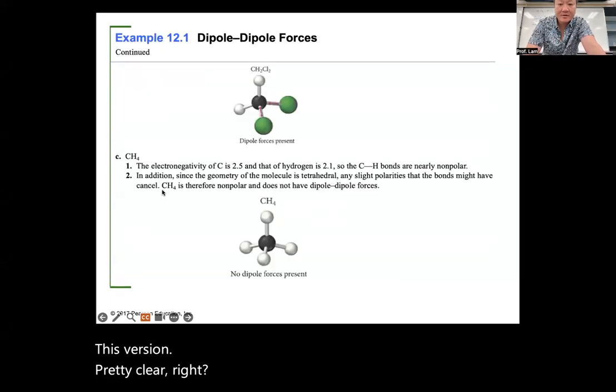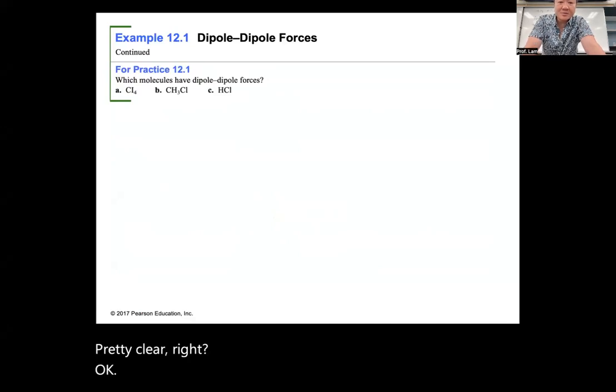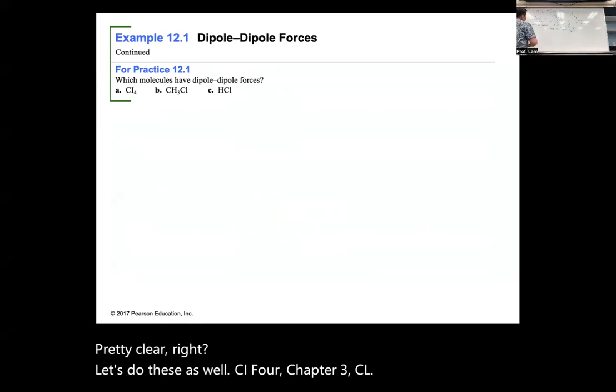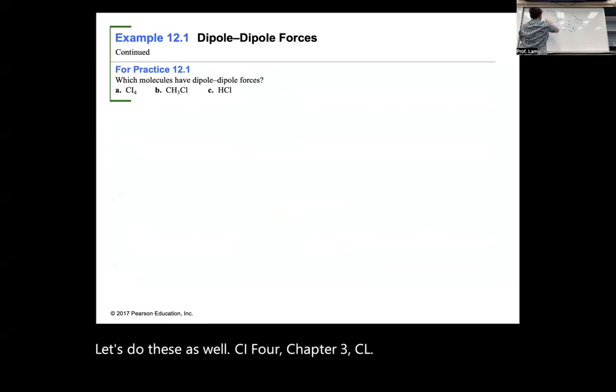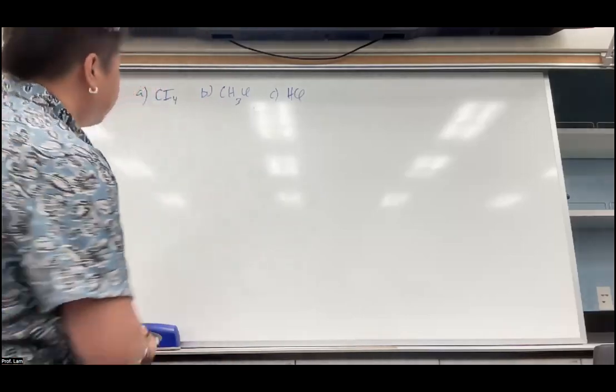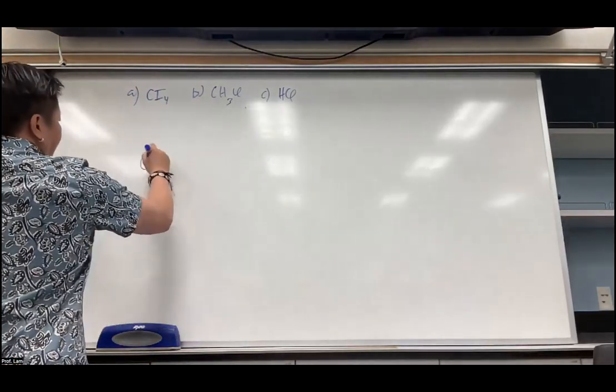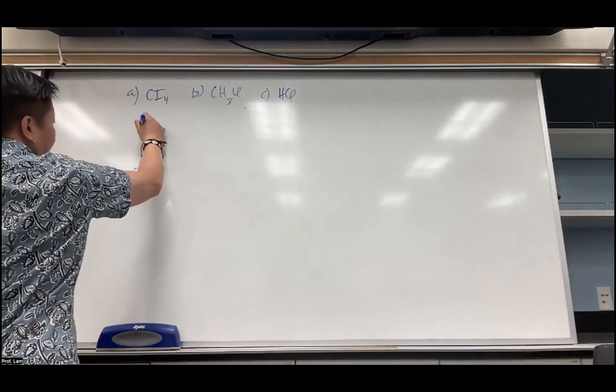Okay, pretty clear, right? Let's do these as well. CI4, CH3Cl, and HCl. Okay, CI4. That's tetrahedral again, right? Four things.